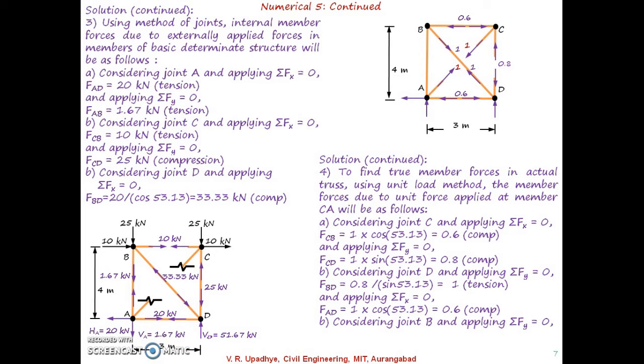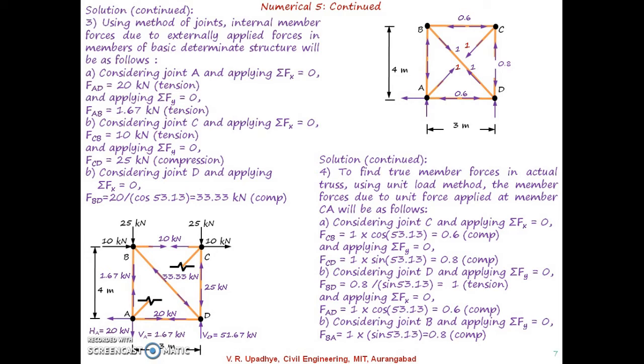And initially if we consider the member force in BA is again tension, then the equation will become minus FAB minus FBD sine 53.13 must be equal to 0. That gives us the equation FBA equal to sine 53.13 with the one value of member force BD, and that will become 0.8, and that will be compression.